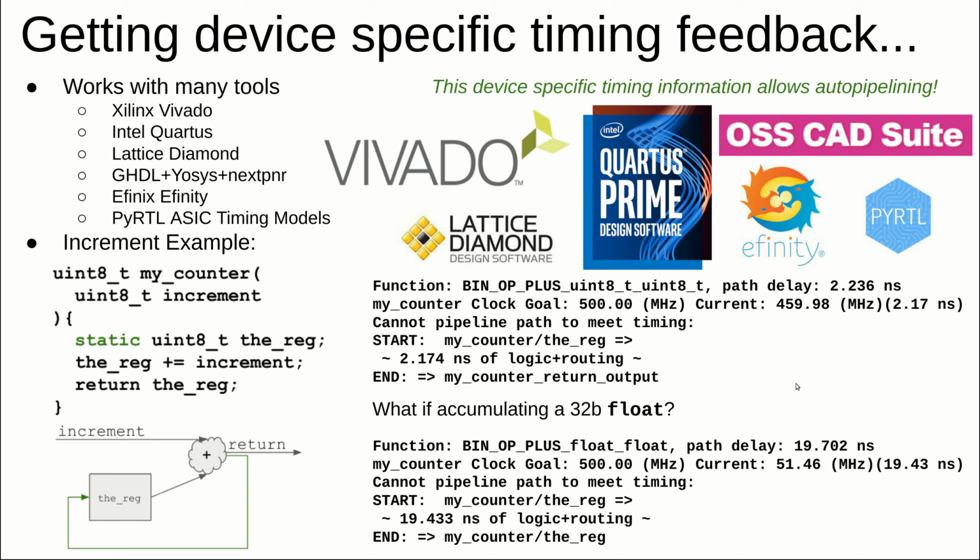And what the tool is going to spit out for you is, you say, I want to meet some high operating frequency, and as a beginner to these sorts of tools, you just fail timing and you get a path report. But this is actually giving you specific C function names and variables that, hopefully, alongside knowing things like a uint8 is a lot faster to add than a float, helps you make RTL easier, essentially, like I've been saying.